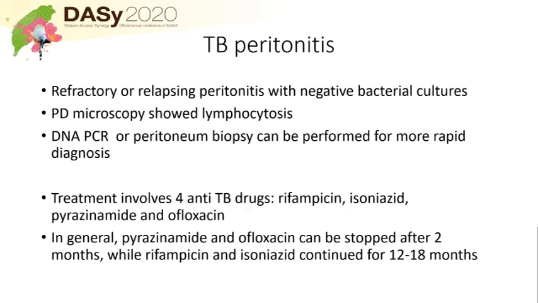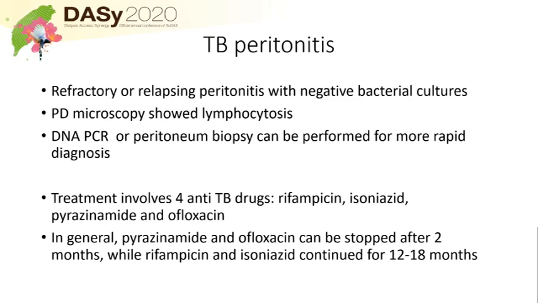In case of refractory or relapsing peritonitis with negative bacterial culture, we have to bear in mind the possibility of tuberculous peritonitis. In these cases, the PD microscopy will show lymphocytosis.